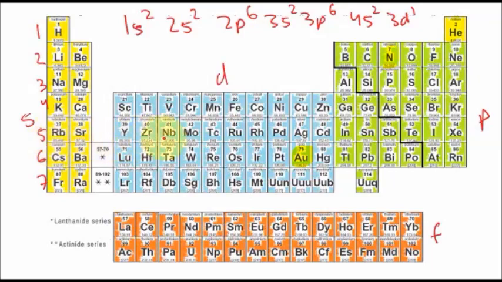So 5s2, 4d10, and then we move to xenon, which would be 5p6. And then 6s2, okay, so we're at 6s2, and then we're finally at barium. So everything up to barium and 6s2, right? And then we move here. What happens is, just like how the d sub-block moves down one energy level, the f sub-block moves down 2.